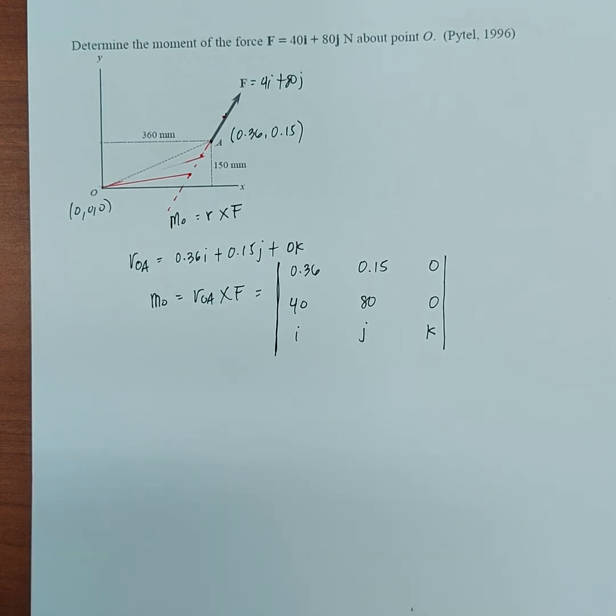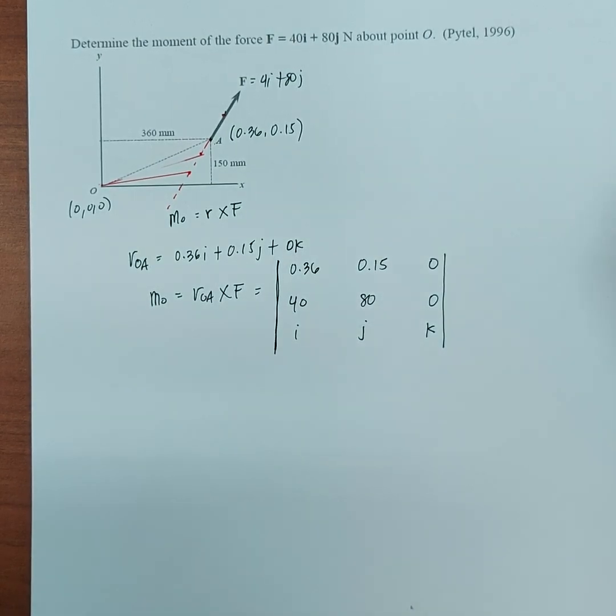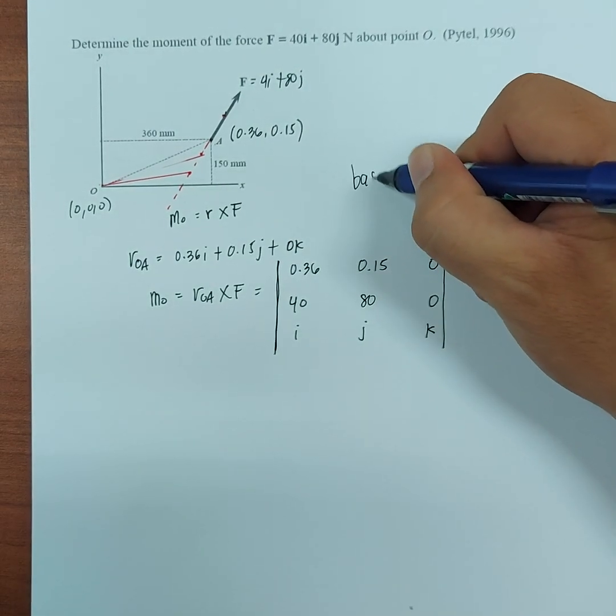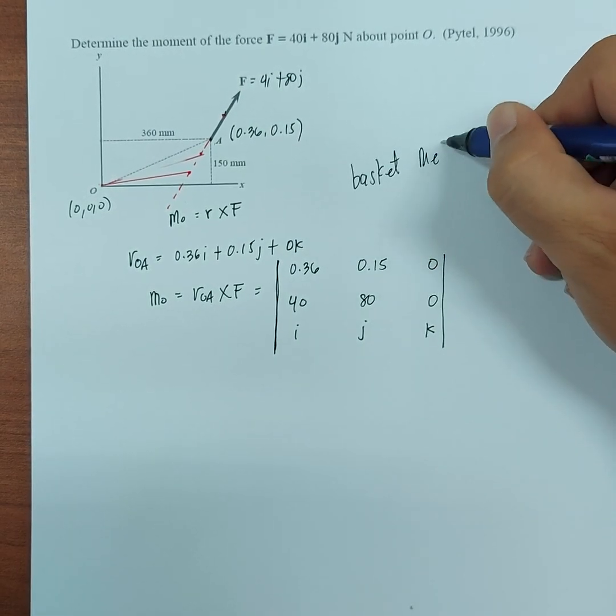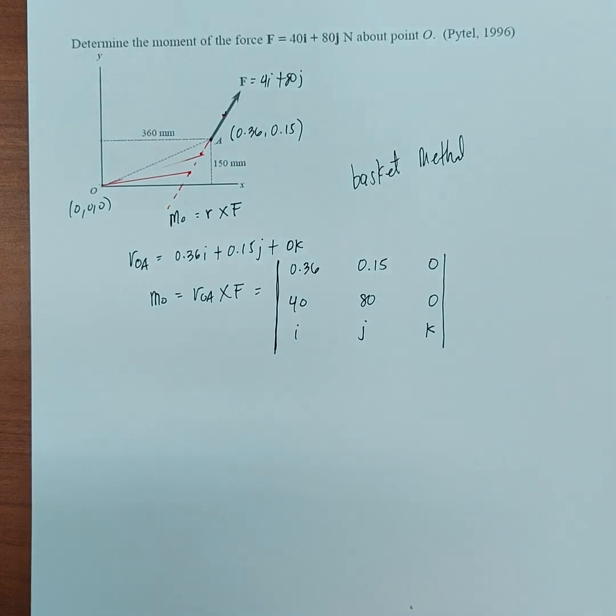Now, there's a shortcut way of solving the determinant of a 3 by 3 matrix. This is only applied to 3 by 3 matrices, which have 3 rows and 3 columns. We call this the basket method in solving for the determinant of a 3 by 3 matrix.